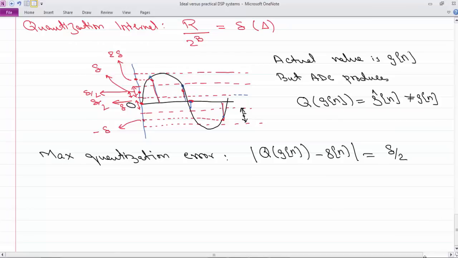And the quantization interval delta is a function of the number of bits. The more bits you have, the smaller this delta is. So while you may incur a large error for a 4-bit ADC, if you go to a 16-bit ADC, the error becomes pretty negligible. It becomes comparable to the other noise in your system.